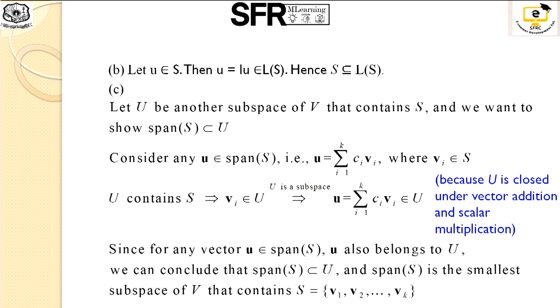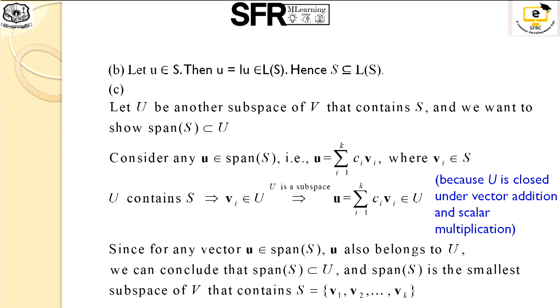So u equal to c1 v1 plus c2 v2 plus etc. plus ck vk, which is also in U, because U is closed under vector addition and scalar multiplication. And also u belongs to span of S, u also belongs to U, which we conclude that span of S contains U, and span of S is the smallest subspace of V that contains S, which is equal to span of v1, v2 etc. vk.